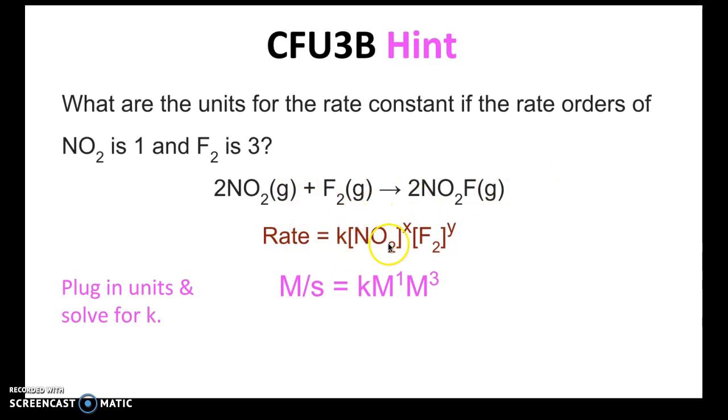You know the concentrations of NO2 and F2 are both going to be in molar. Plug those in. And I'm telling you that the rate order of NO2 is 1, so that will be a 1 here, and F2 is 3, so that will be a 3 here. When you plug that in, you're going to isolate and solve for K, and that will give you the units for K. So pause the video now, and when you press play again, the answer and work will be revealed.